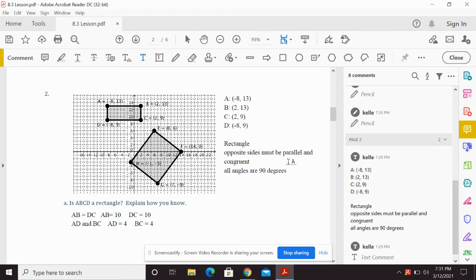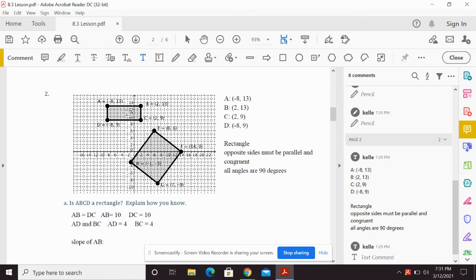Are opposite sides parallel? Yes. I mean, to prove it, let's do the slope of AB.